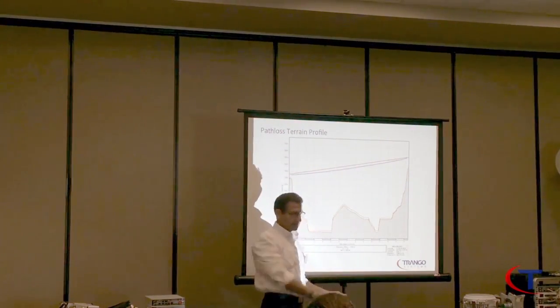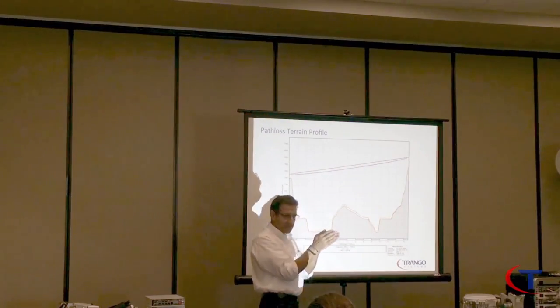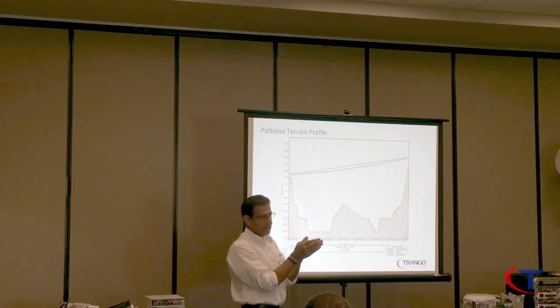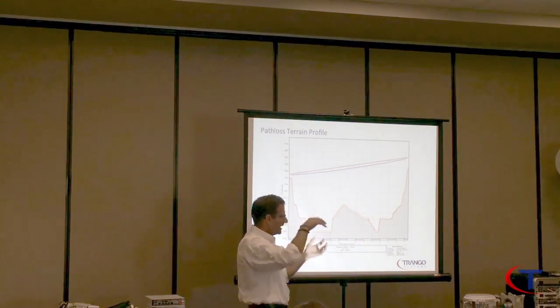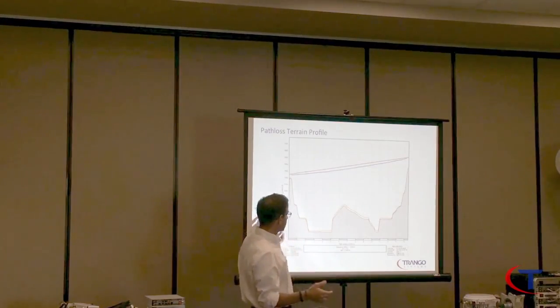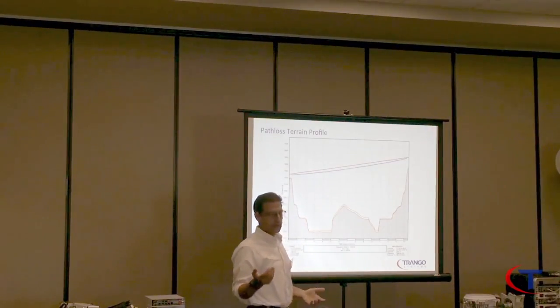Right? It's a dish, and while it has a main beam that's very tight and patterns of side lobes, these side lobes will radiate out, and over distance, the rays start to hit and bounce off of things.